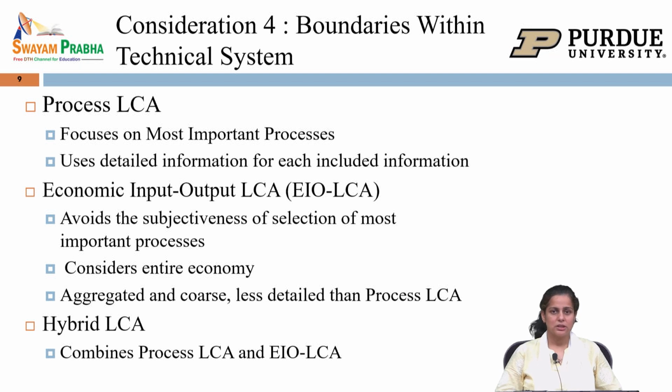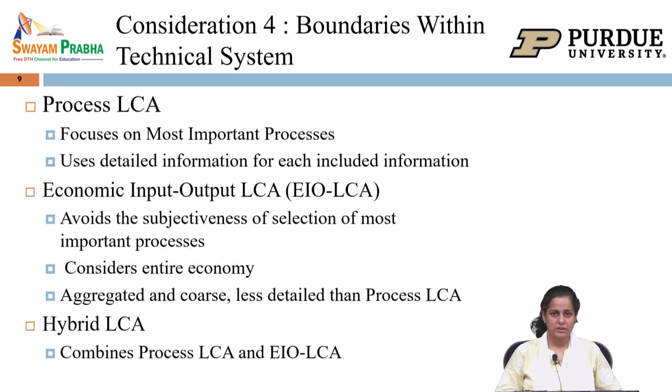The next one is economic input-output LCA. Since in process LCA, we need to focus and select a few processes that are going to be within our system boundary for our study, that may leave out some of the important impacts. Hence, the subjectiveness of selection of the most important processes is overcome by considering the entire economy.